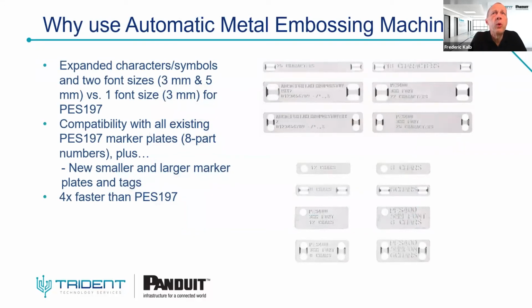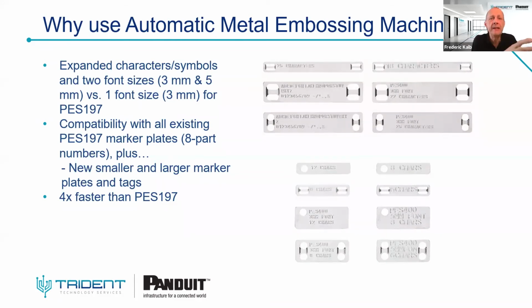So why should I use an automatic metal embossing machine? It's in order, again, to improve your efficiency, because embossing by hand, I will show you a hand tool in the next slide, offers the possibility, if you have only small volumes, to emboss the plates by yourself.